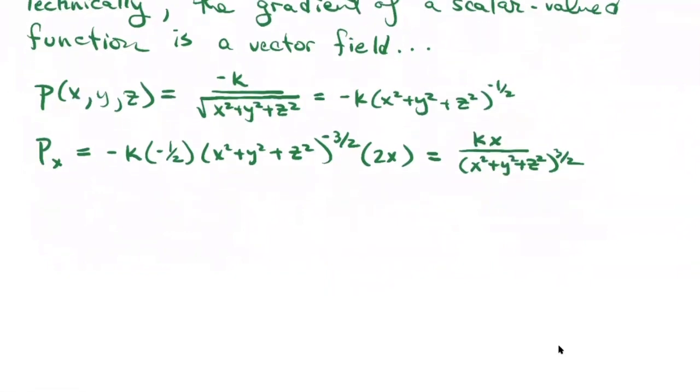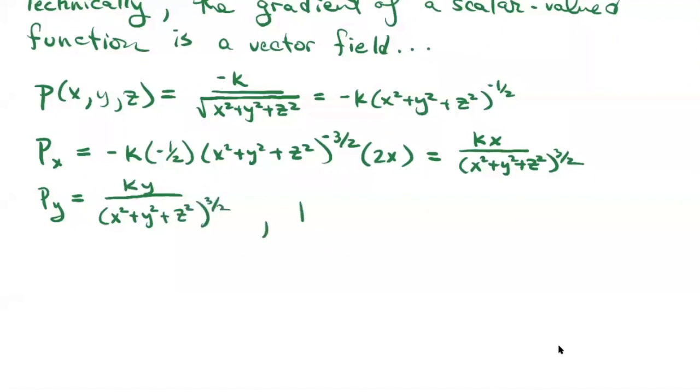Px, and then just by symmetry, I think Py is going to be Ky over x squared plus y squared plus z squared to the 3 halves.